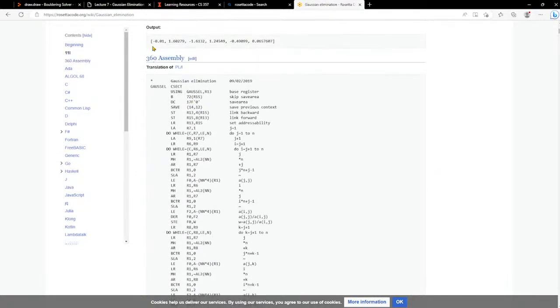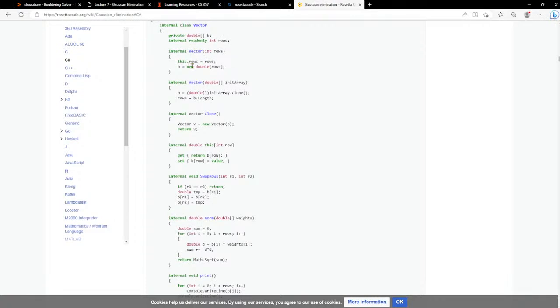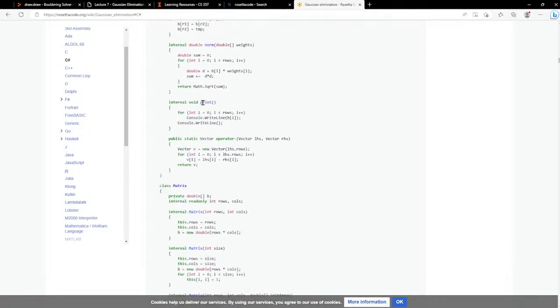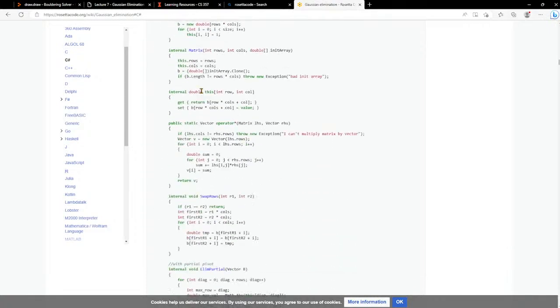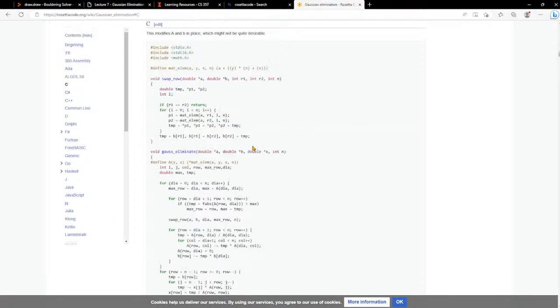Yeah, I definitely want it in 360 assembly. C#. Oh, why would you do this? Just, oh my god. Ugh. Okay, actually, I'm kind of curious.